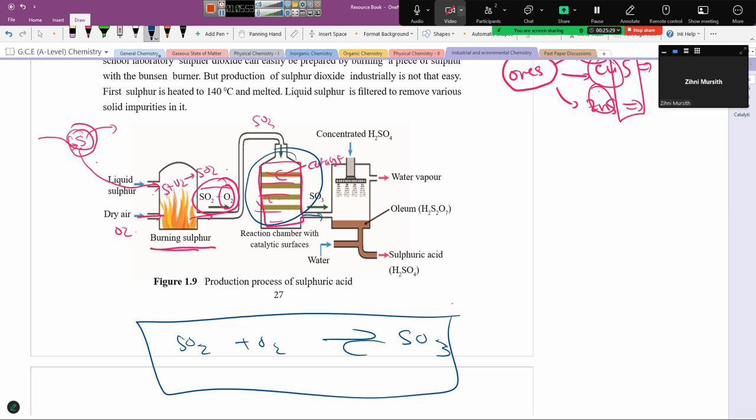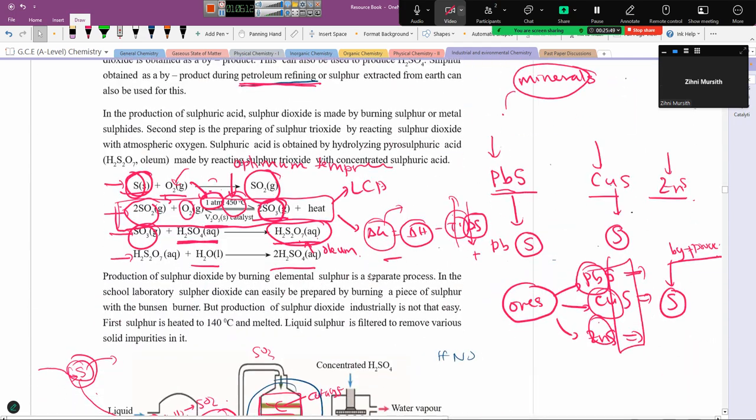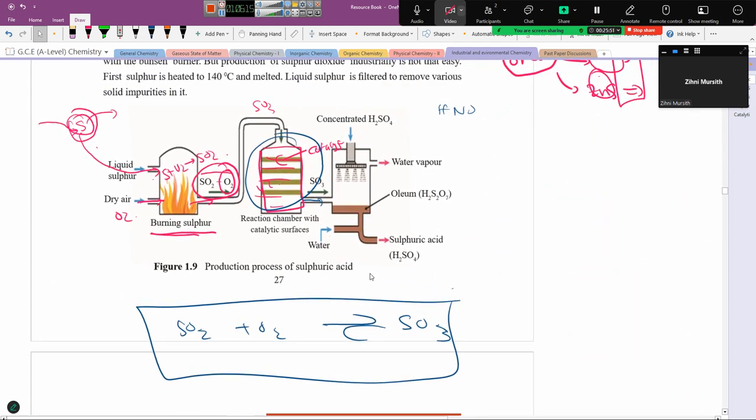Now you see, in the previous method of producing HNO3, from above we sprayed water to mix it with NO2 gas, right? But here we are spraying a little amount of H2SO4 to produce oleum, H2S2O7, reacting with SO3 gas.